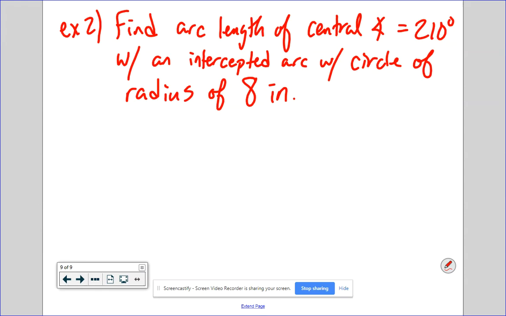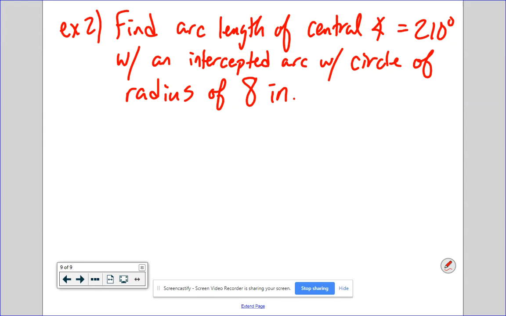So work through this, then I want you to compare your answer with somebody you're sitting by. Make sure you get the same thing. Again, remember the process. What's your first step? Well, you convert it to radians. It's either pi over 180, which is fine, or you do 2 pi over 360.